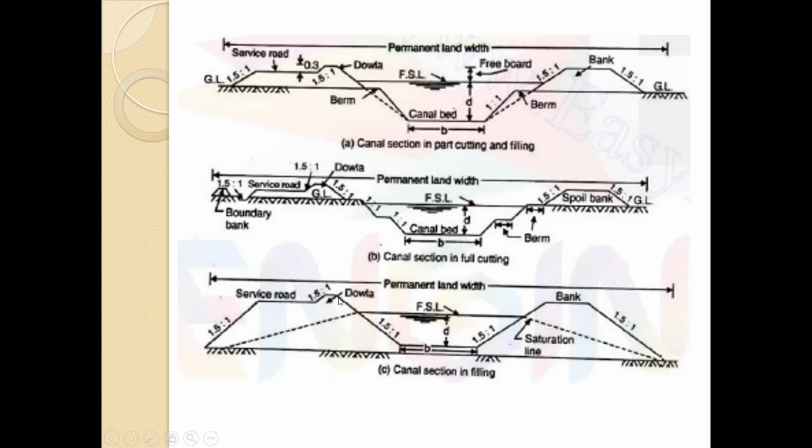Here you can see the full section has been filled, and this is the ground level, so the canal is situated above ground. Filling is there on both sides, and the slope here is 1.5 to 1. In filling the slope is 1.5 to 1, and in cutting it is 1 to 1.